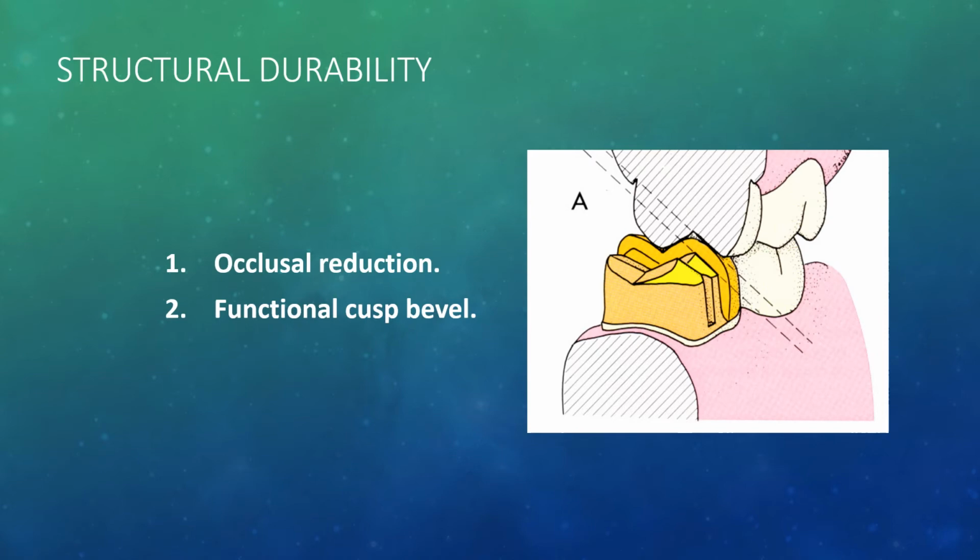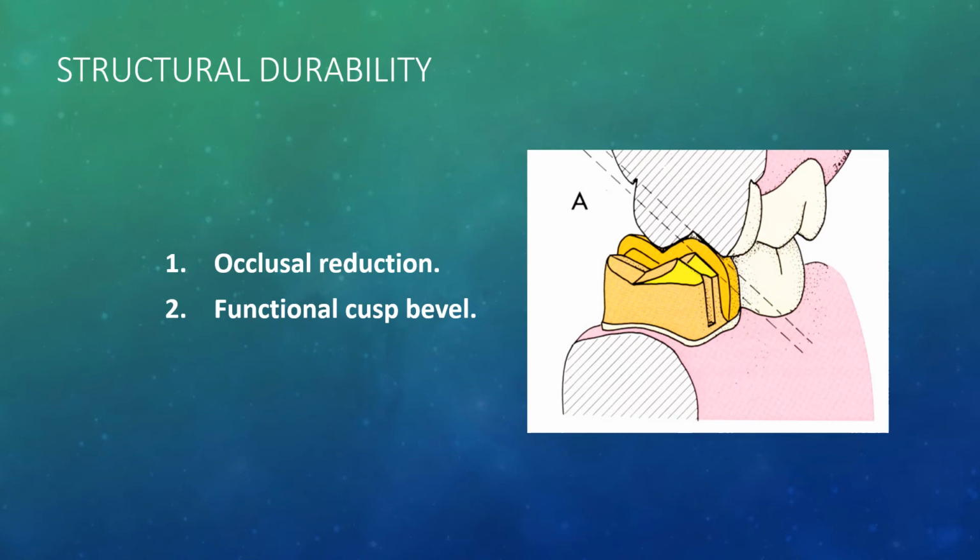So to dissipate the forces on these cusps, you give a bevel on the prepared tooth structure, so that you are increasing the surface area. This is the point where there is stress concentration, and it might lead to fracture of the abutment tooth.